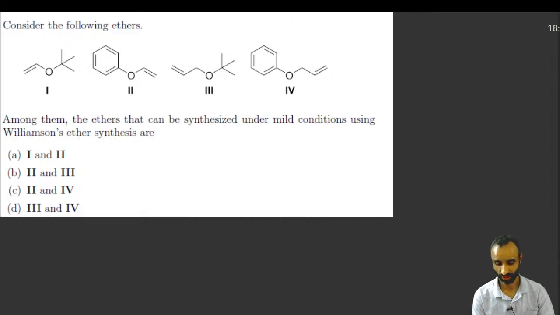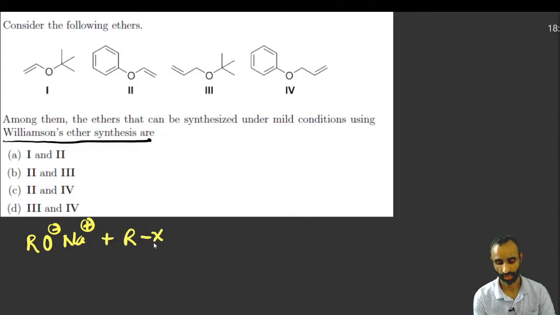Williamson ether synthesis. First, what is Williamson ether synthesis? In Williamson ether synthesis we have sodium salt and alkyl halide, so we get R-O-R' plus NaX.